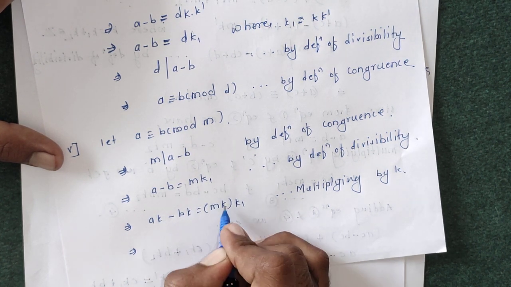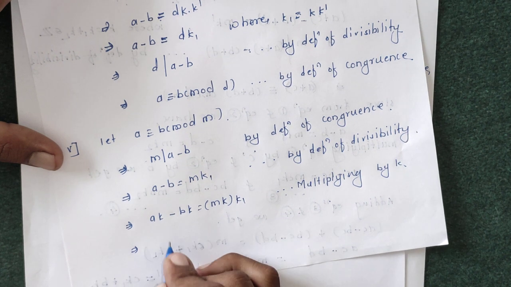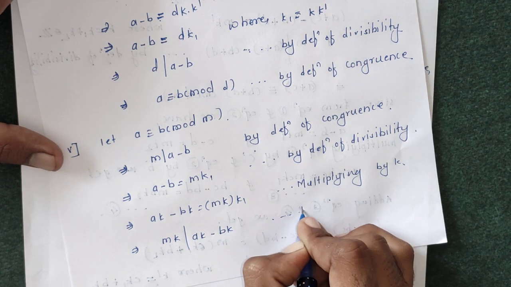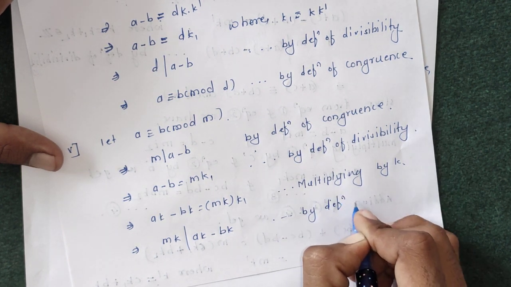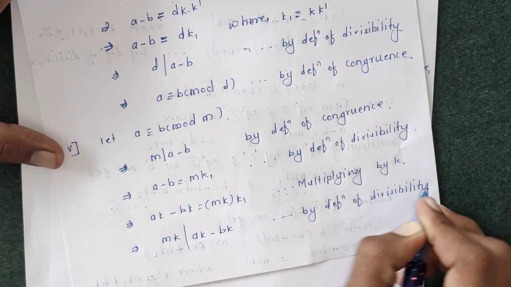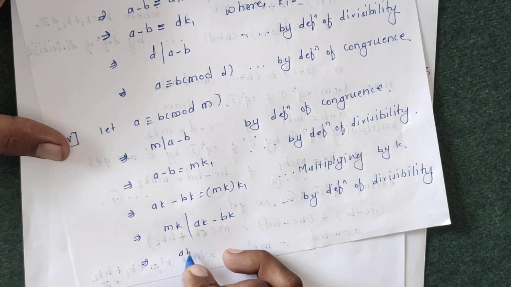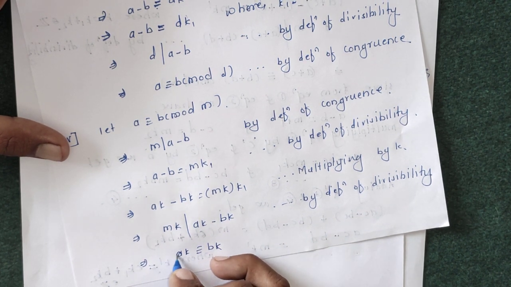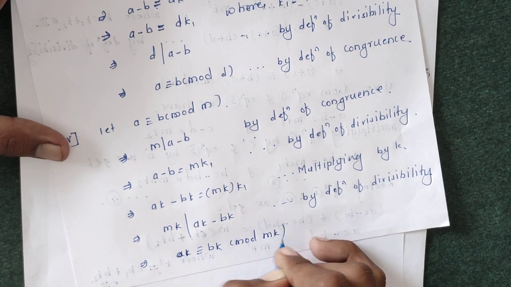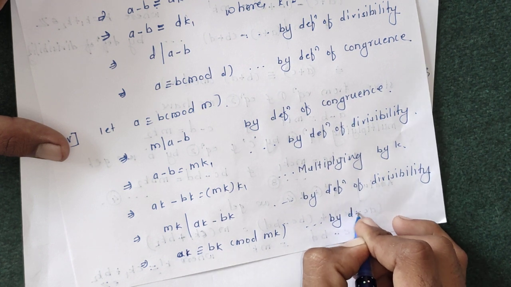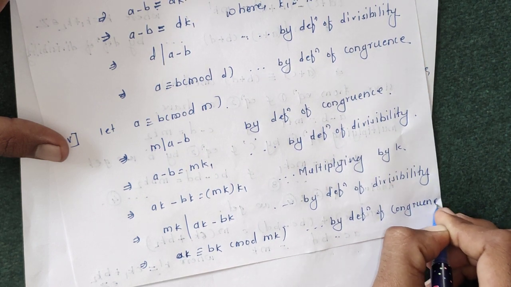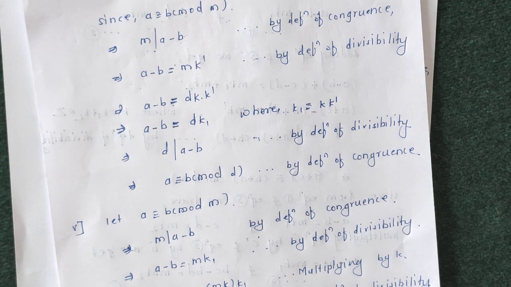Therefore mk divides ak minus bk, by definition of divisibility. Now using the definition of congruence, ak is congruent to bk under mod mk. Hence the proof of all the 5 statements.